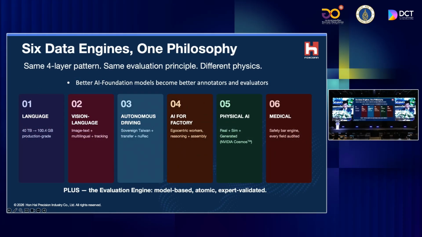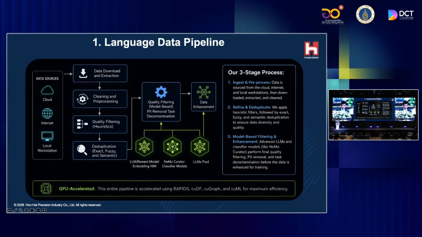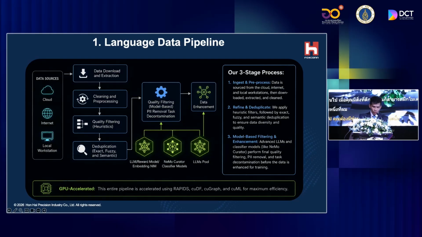And one philosophy, like I mentioned earlier, is that as an individual, you can build this data engine just using the AI model itself. So first, let's jump into the language data pipeline. On the left, we have a raw training corpus. Right now, it's easy to access trillions of tokens from Hugging Face. Any of you here know Hugging Face? Okay.